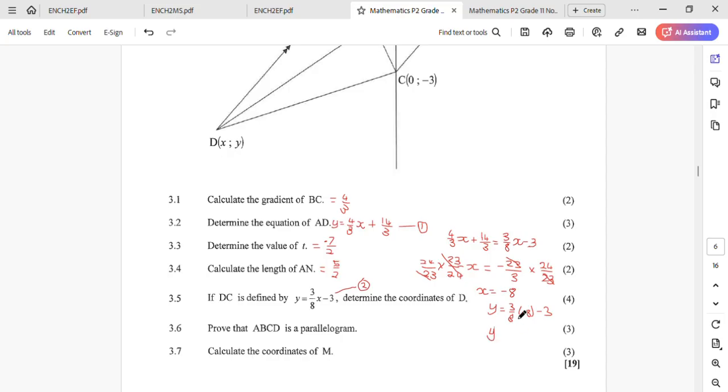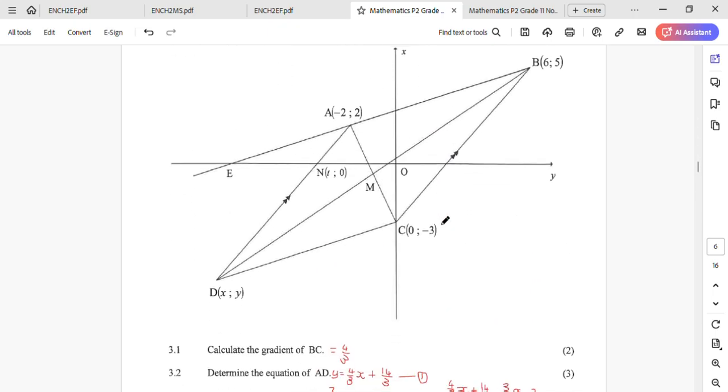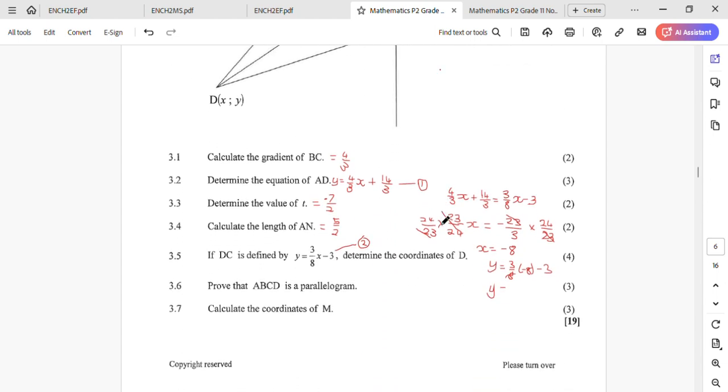The 8 and 8 go away, left with minus 3, minus 3. Our y value is minus 6. Yeah, it makes sense.